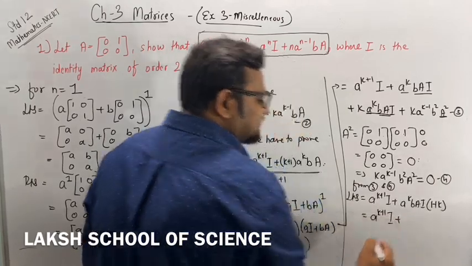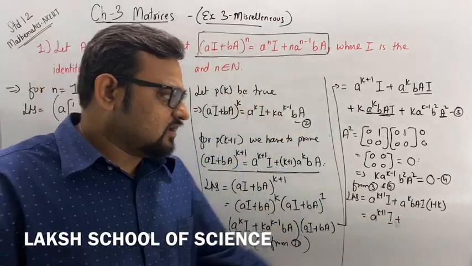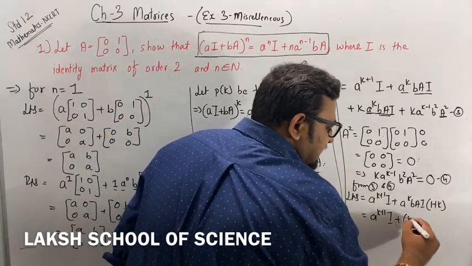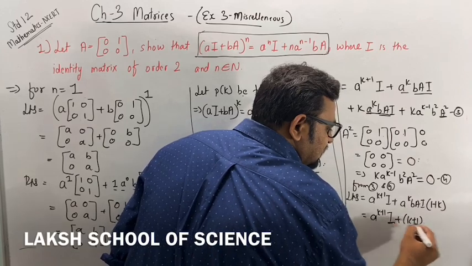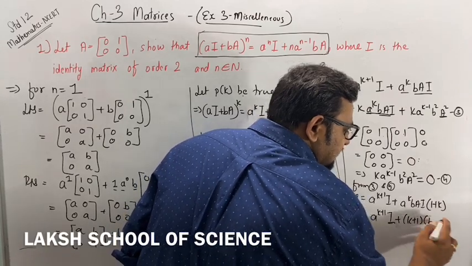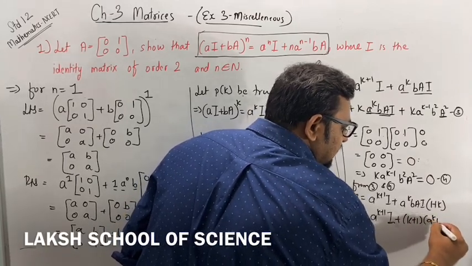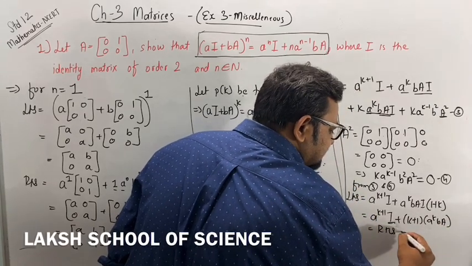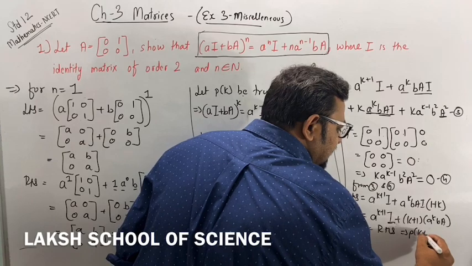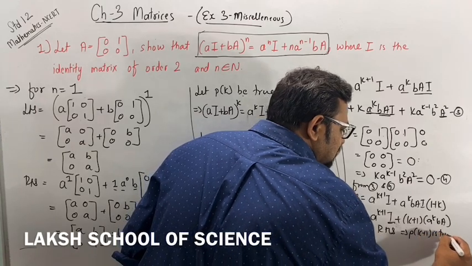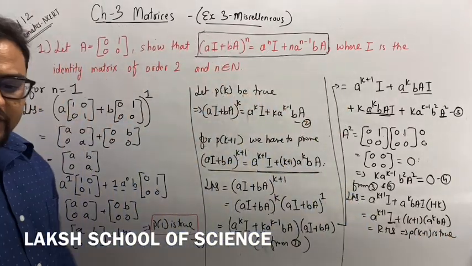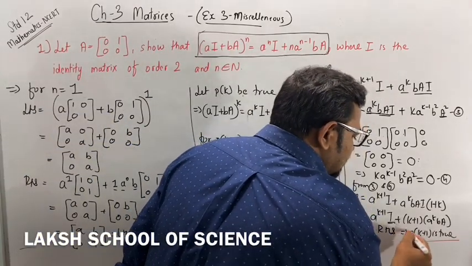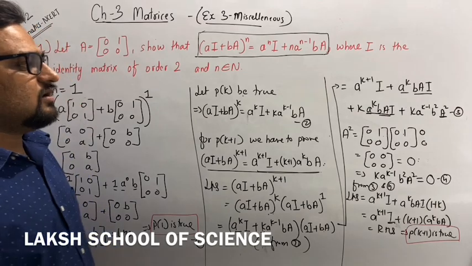I plays just the role like 1 in numerics. So A into I will be equal to A. 1 plus K, I am writing here K plus 1 into A raised to K B A, and this is equal to RHS. So P of K plus 1 is also true. Clear? So let me note it down. P of K plus 1 is also true. Clear?